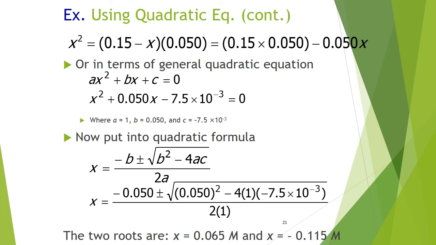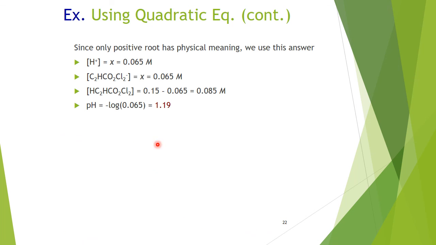All right. And so x equals 0.0065. And then you simply have this value here will give you your pH, and so it's 1.19. And that's it.